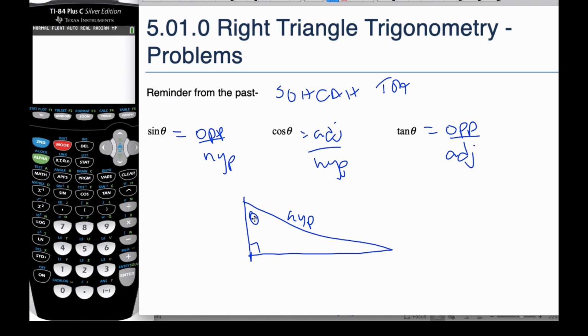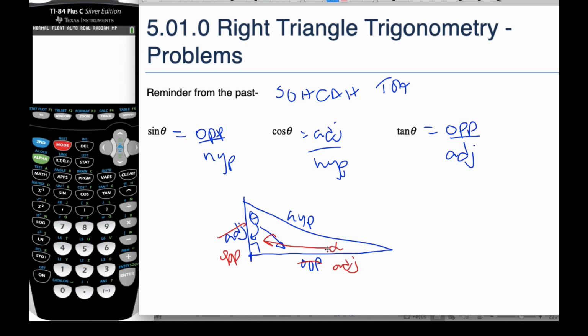But from theta, this is the opposite side, and this is the adjacent from theta, because adjacent means next to. However, if I change here to alpha, now this is the opposite side, and this is the adjacent. And so you have to choose the angle you're looking at, and that defines which is opposite and adjacent relative to the angle you have.